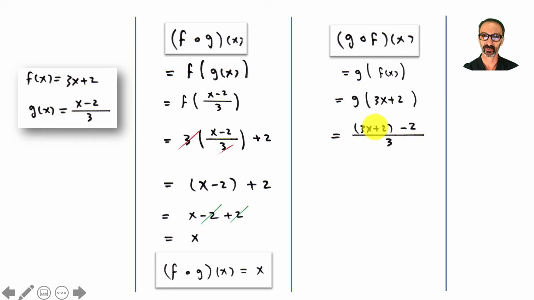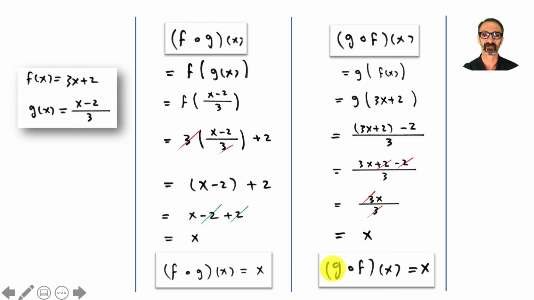Subtract 2 from it and divide the whole thing by 3. We don't need the parentheses now. We cancel the 2's. I get 3x over 3. Simplify, and I get x. So g of f of x is also x.